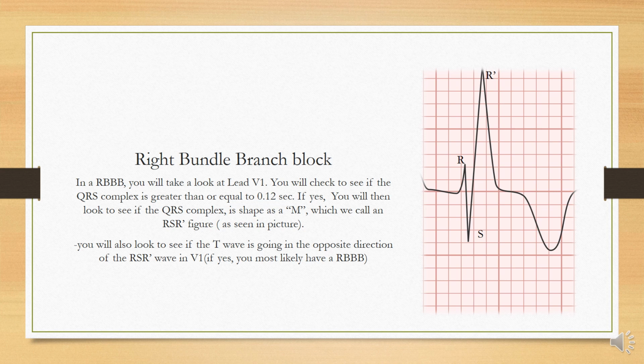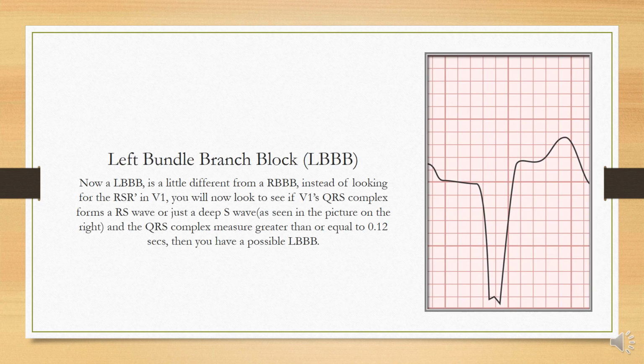Now, as always, there's two halves to a whole. We just looked at the right side. Now let's see what we need to do to see if we might have a possible left bundle branch block, or LBBB. It's a little bit different from a right BBB.